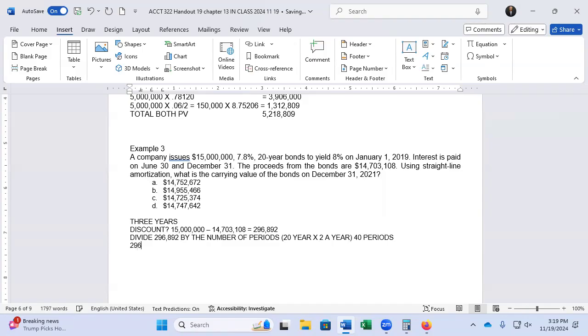So we take the 296,892, and we divide it by 40. And that tells us that's 7,422 discount amortized with each payment of interest.